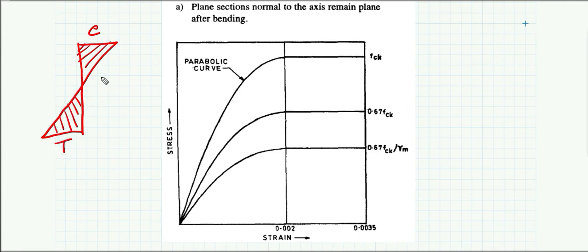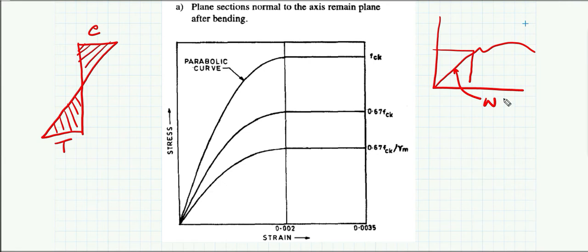But in limit state, as we have already discussed while discussing different design philosophies, in limit state and ultimate stress method we consider the plastic range as well, right? In working stress we consider the elastic range. This portion is considered in working stress method, but in plastic range we consider the non-linear part as well, right?